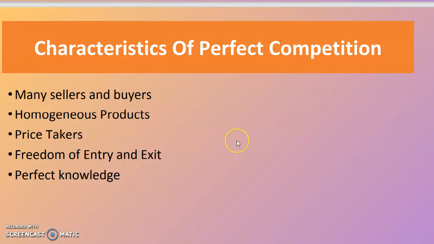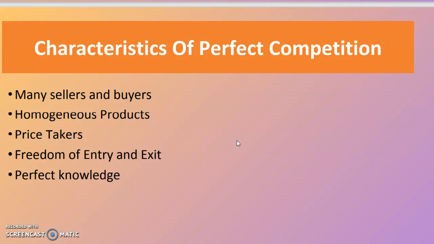The second characteristic is the homogeneous product. The goods being sold are homogeneous and identical in terms of quantity, packaging, color, and design. That's why they cannot charge a different price for the same product.